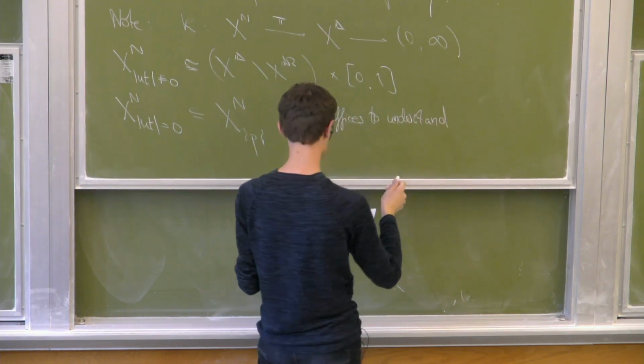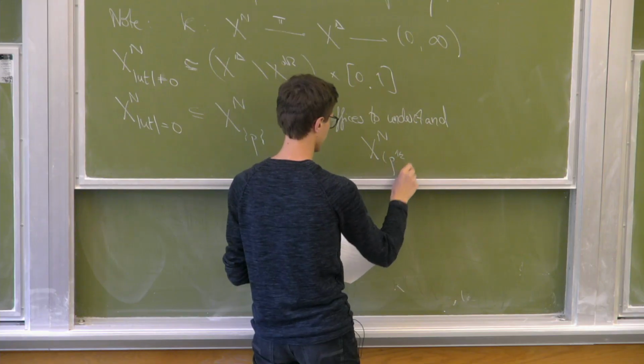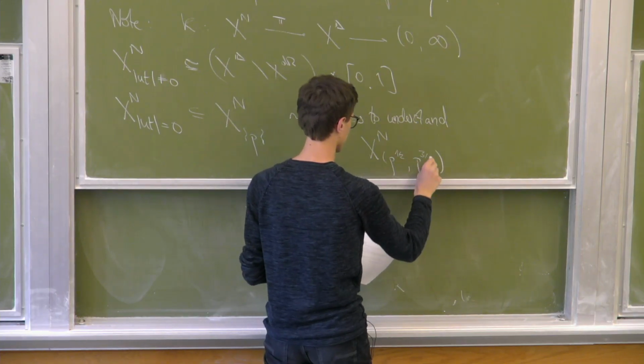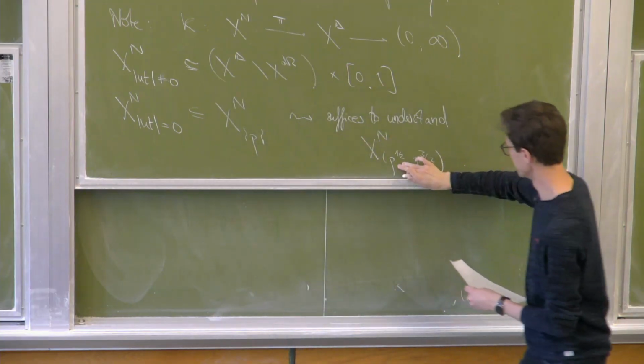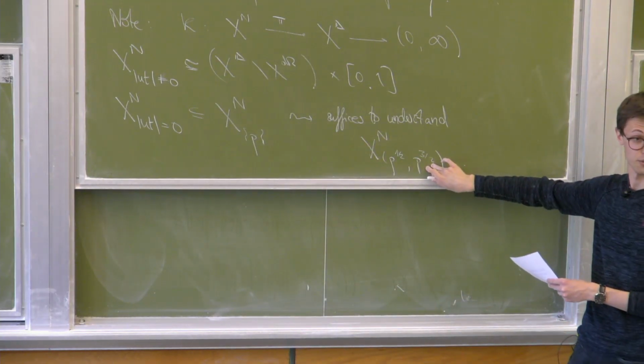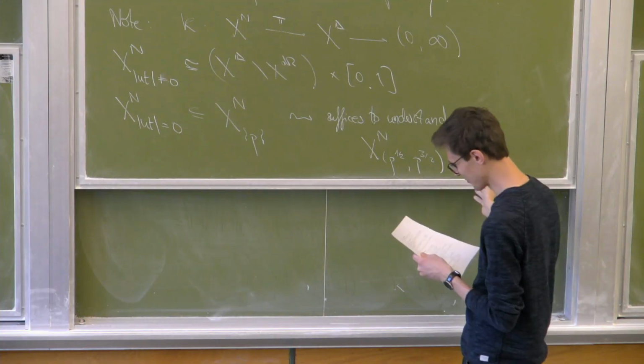And more explicitly, the one that I want to take is the one from root p to the 3, not including the ends.